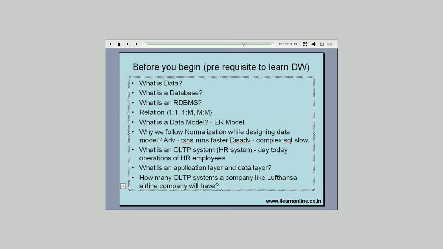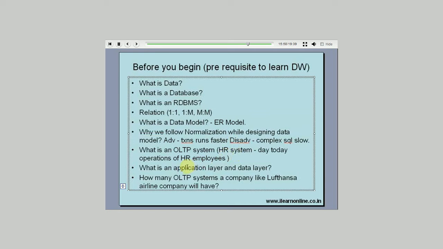The recruitment process is taken care of by HR. Creating an offer letter is taken care of by HR. All these different day-to-day activities will be assisted through this particular software. So we call that an operational system because this particular system is used by HR resources on a day-to-day basis.